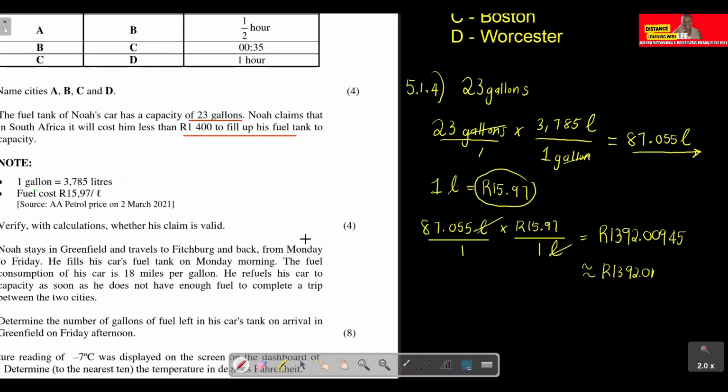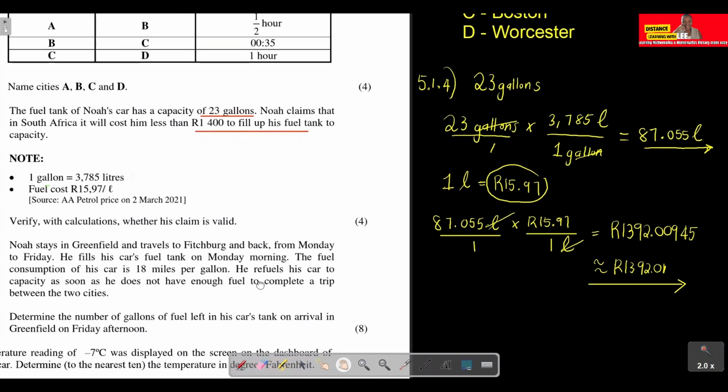That is how much Noah pays for his petrol. So what was his initial claim? He was saying it will cost him less than 1,400 to fill up his fuel tank.